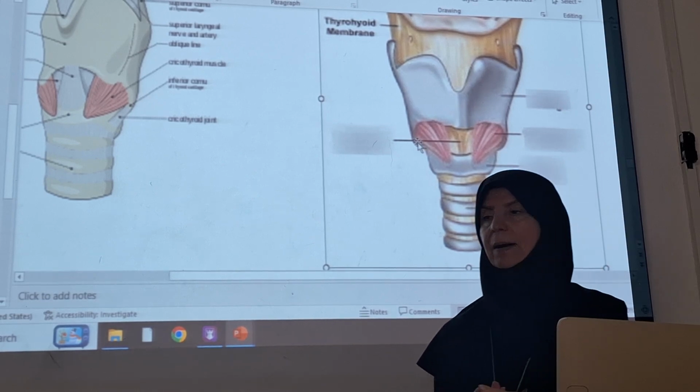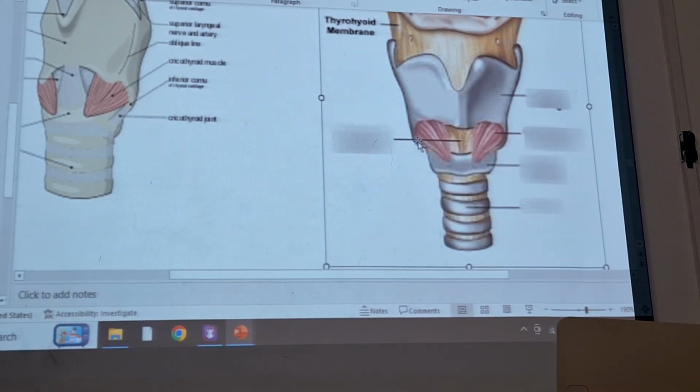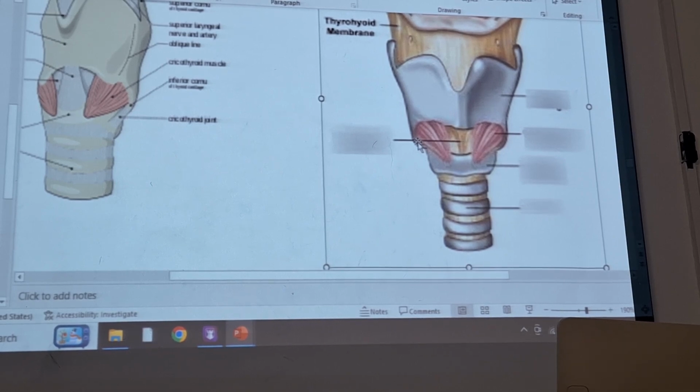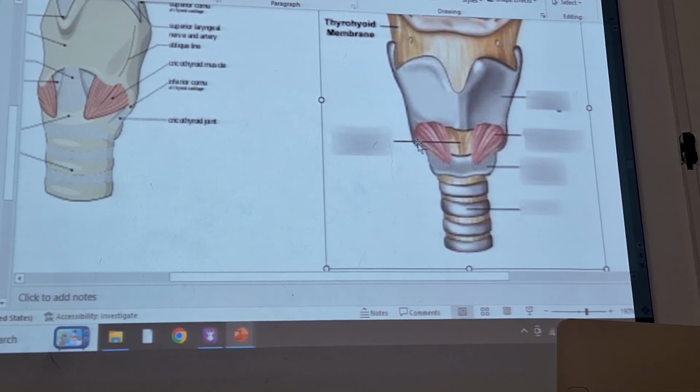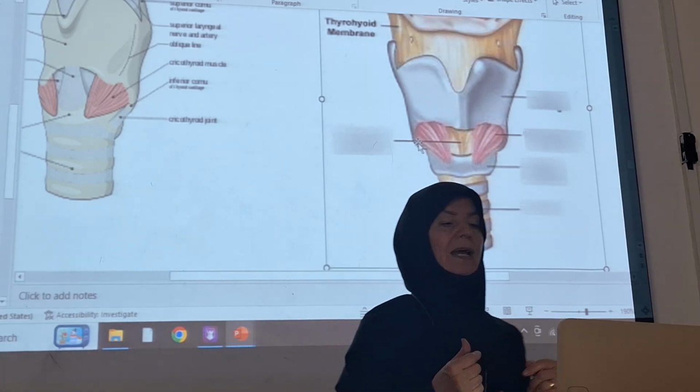So in an exam, if I ask you, all of the following muscles are innervated by the recurrent laryngeal nerve except the cricothyroid muscle, which nerve is responsible? External laryngeal nerve.